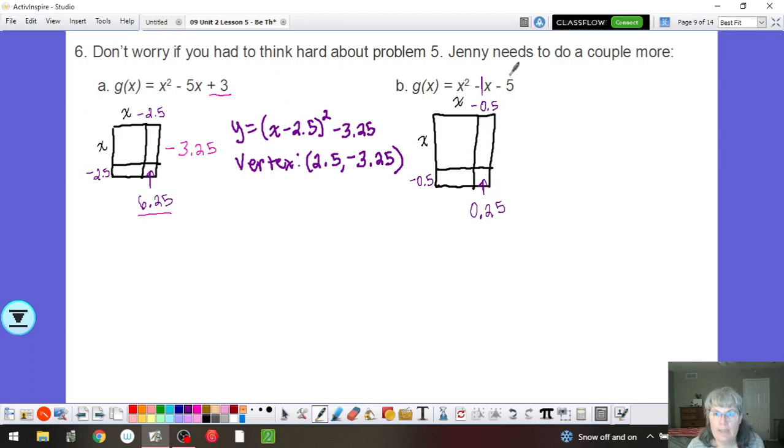Now keep in mind, we need to have a negative 5 value. So we need to subtract. If I want to get negative 5, 0.25 is, to get to 0 would be a subtract 0.25. To get to negative 5 is another 5. So we need to subtract 5.25 to get that value of negative 5.